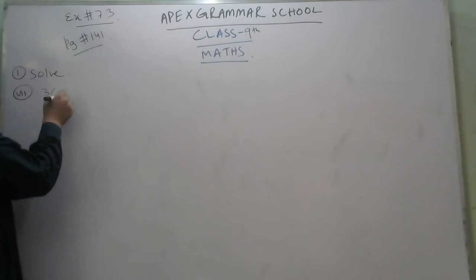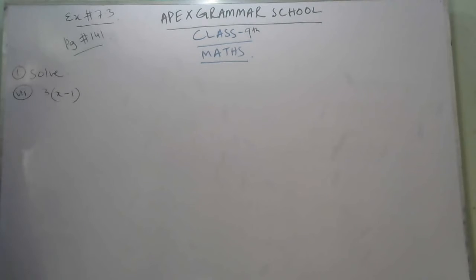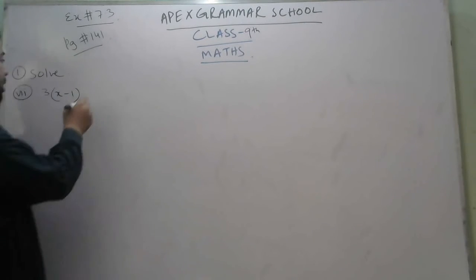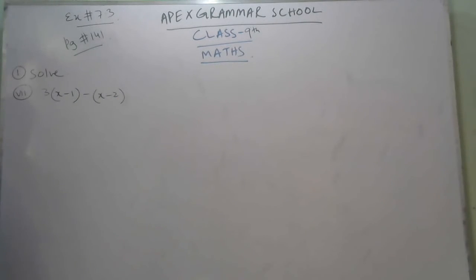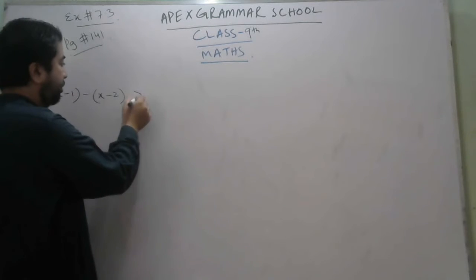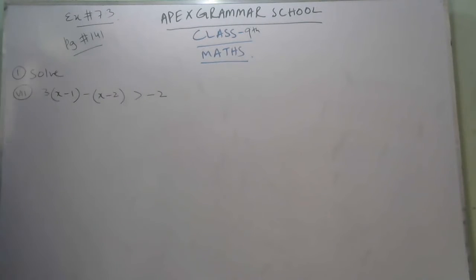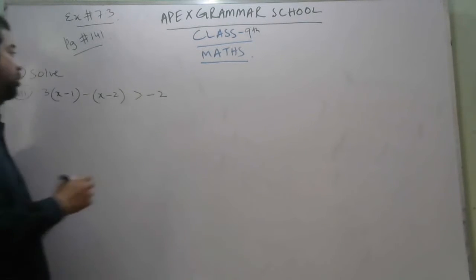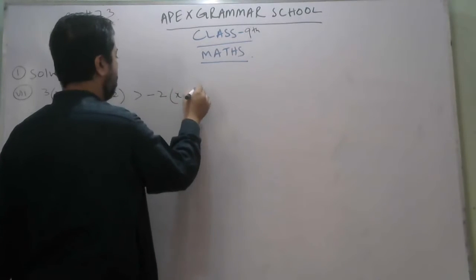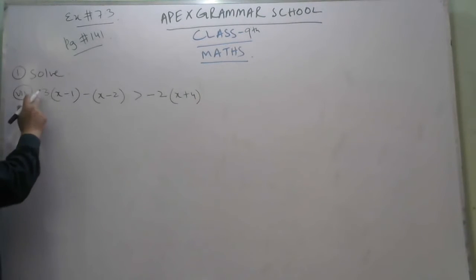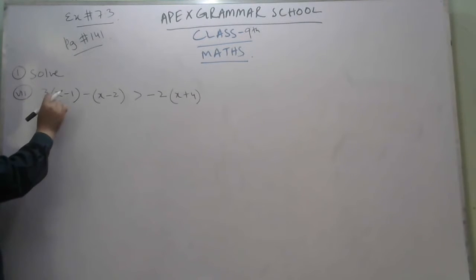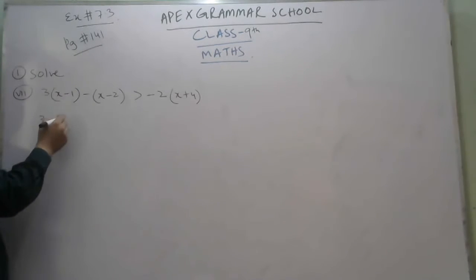Part number 7 is 3 into x minus 1, minus x minus 2, greater than minus 2 into x plus 4. Now we need to solve it. First we need to multiply 3 by x, so 3x, and 3 multiplied by minus 1 is minus 3.